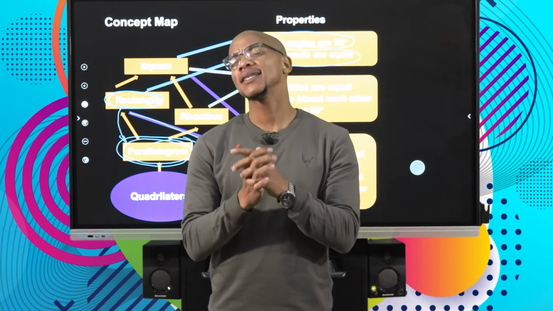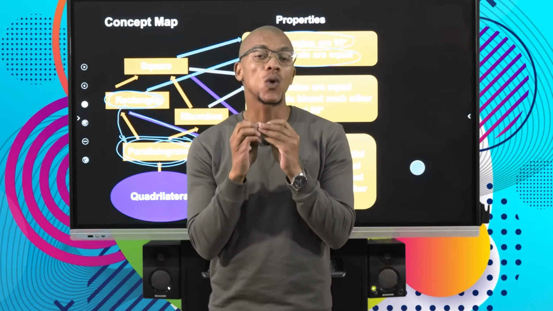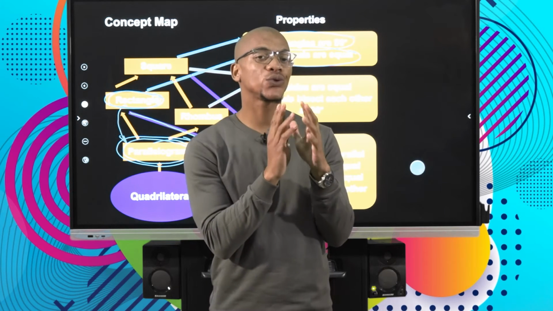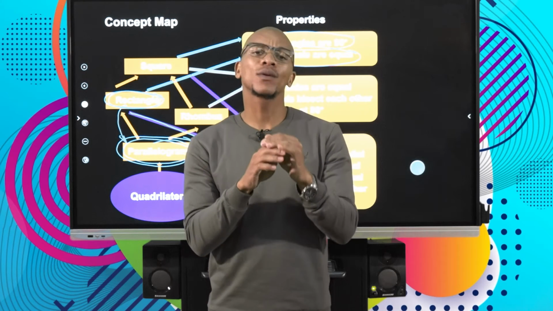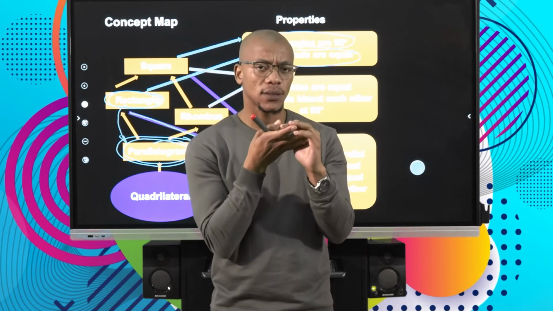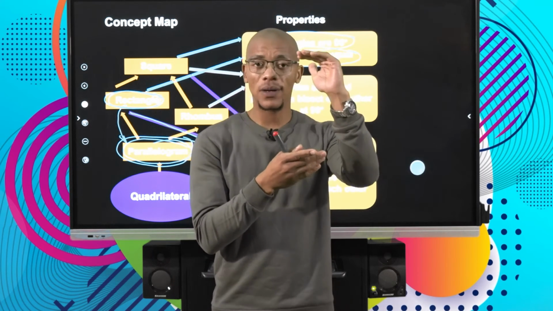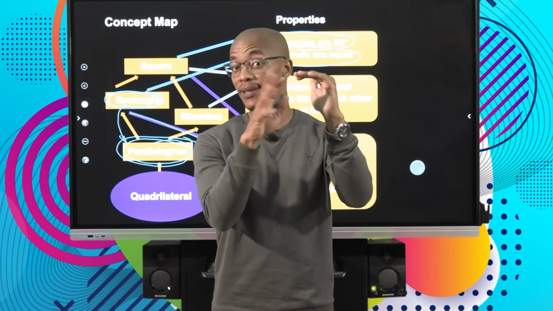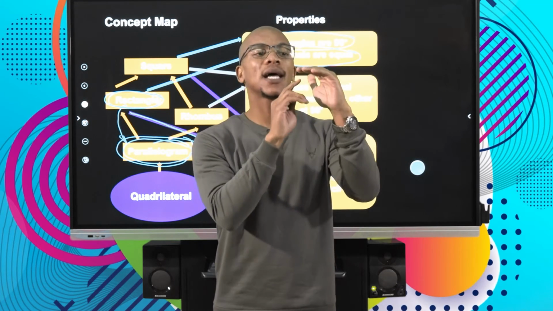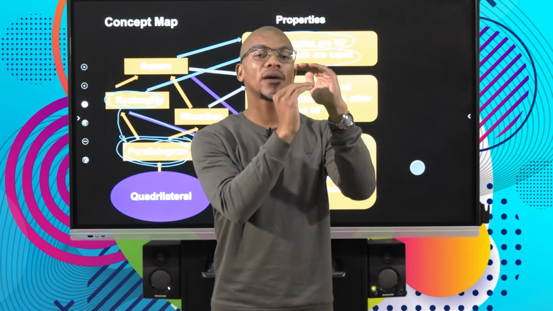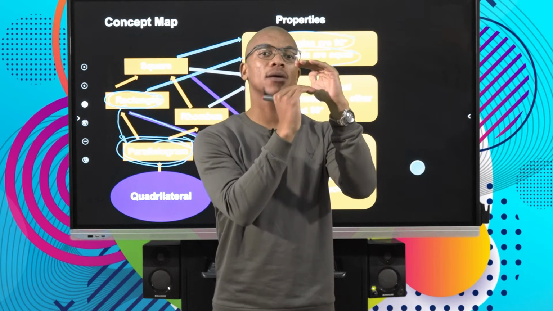Now, guys, if you look at what we did with the first two shapes, a parallelogram and a rectangle, we looked at what the similarities are, because the parallelogram is like the umbrella, I promise you, for these special kinds of quadrilaterals that we're going to look at. But now, we found that there are similarities between it and a rectangle.